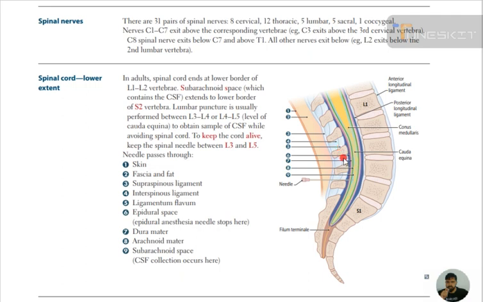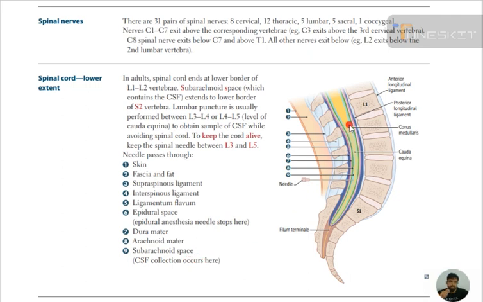At number 6, the epidural space. Epidural anesthesia needle stops here. And then the dura mater at the 7th point. Then the arachnoid mater at the 8th point. Then the subarachnoid space, which is number 9, and CSF is collected here.